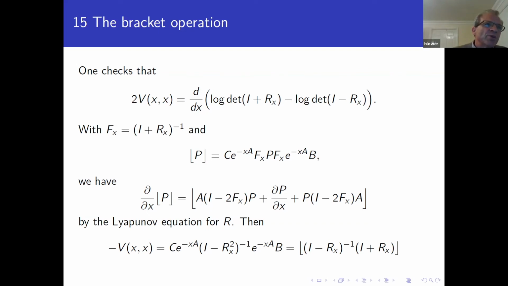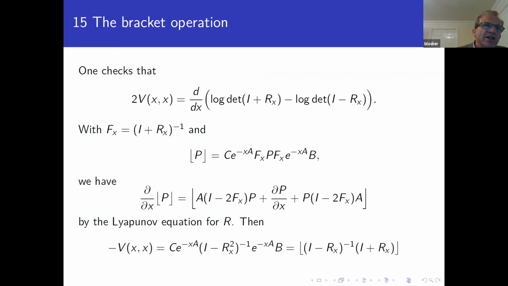But anyway, we take this (I plus Rx) inverse, and we use this to form a bracket operation in which we pre-multiply by C e to the minus xA times F, and then we post-multiply by F e to the minus xA times B. Now, this expression doesn't involve any y's, it's x's throughout.